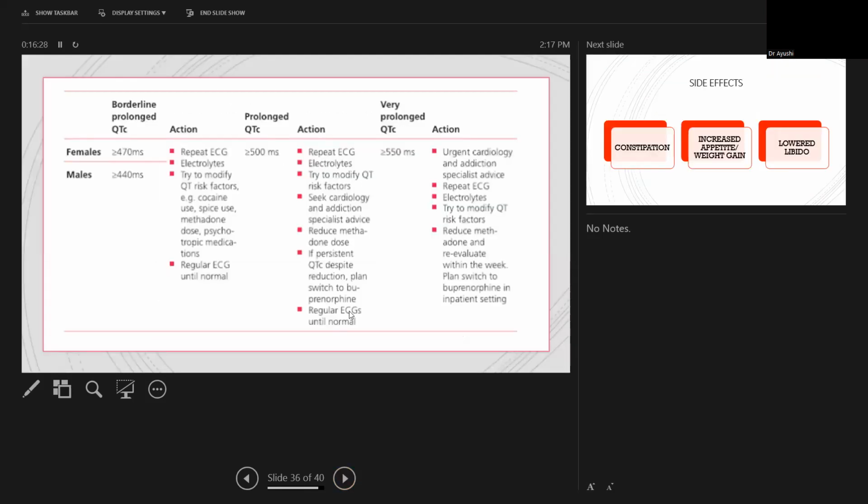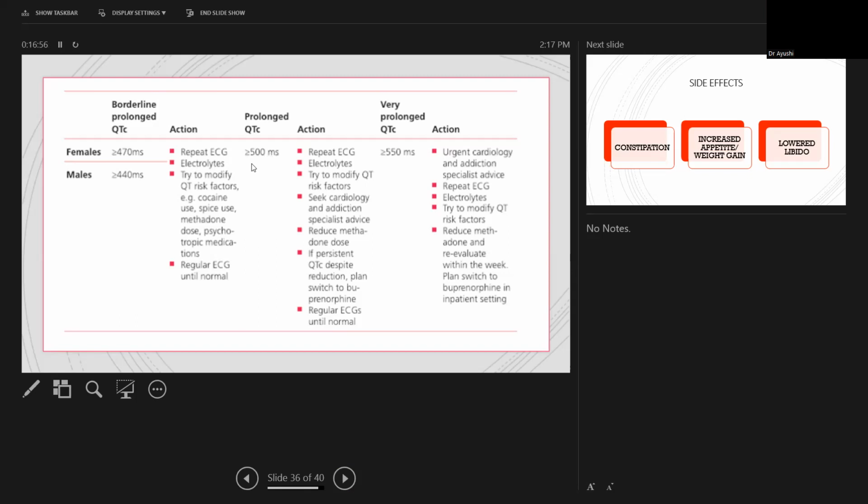Now, with methadone, there is a chance of torsades de pointes and QT prolongation. In borderline prolonged QT, in females it is greater than or equal to 470, and in males greater than or equal to 440, so we will ask to repeat the ECG, send electrolytes, and try to modify QT risk factors, for example cocaine use, methadone dose, and psychotropic medication.